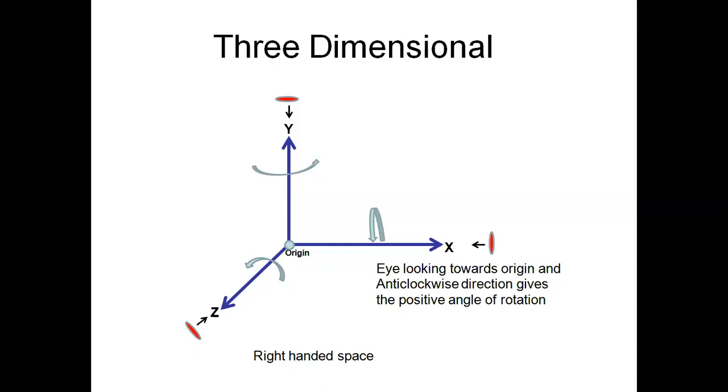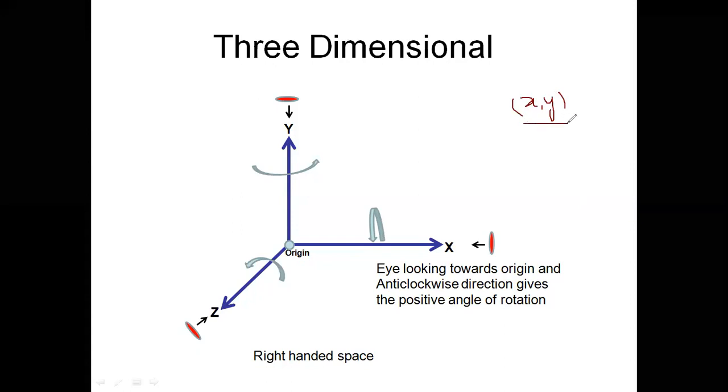This lecture is concerned with three-dimensional transformation. We have studied two-dimensional transformation, in which we took the x and y coordinate system. Now in three dimensions, a third parameter is introduced, called z.